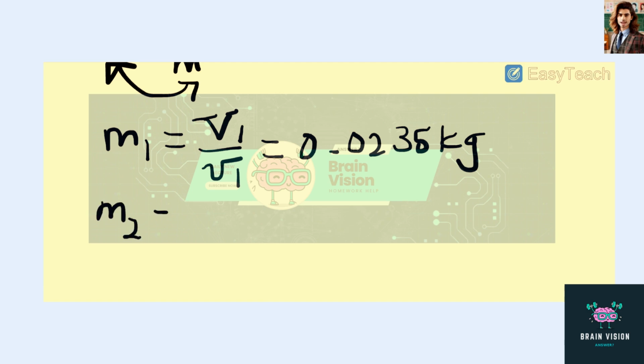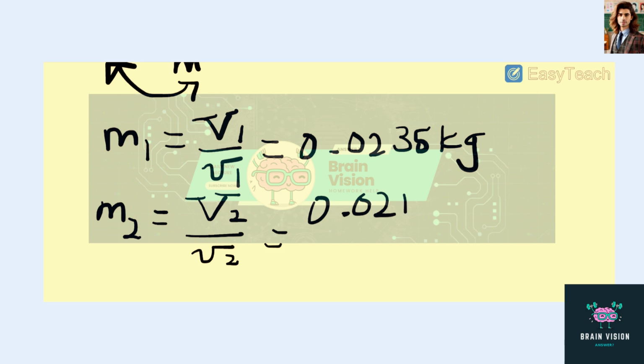Similarly, mass 2 is equal to big V2 over specific v2, which is a quantity we don't know yet. So M2 is equal to 0.02 cubic meters over v2.